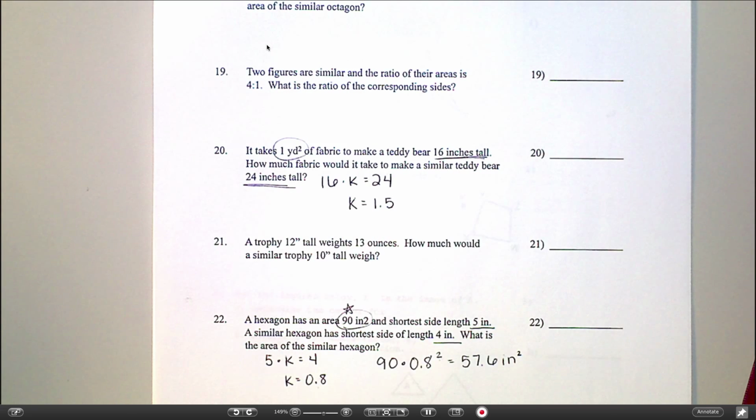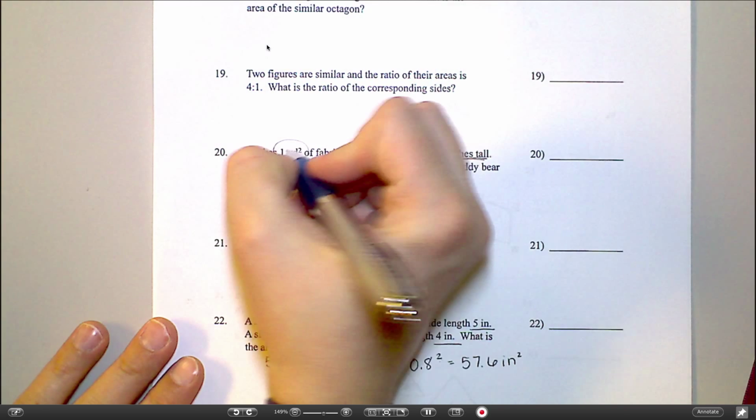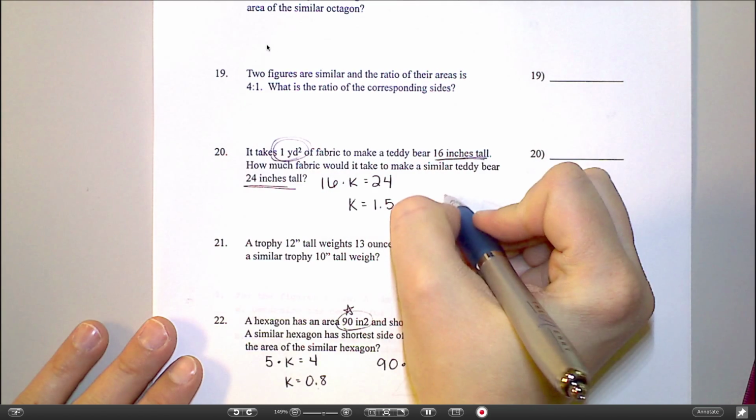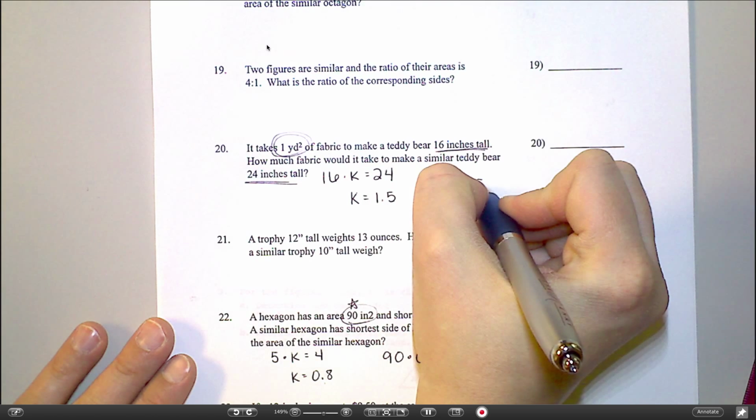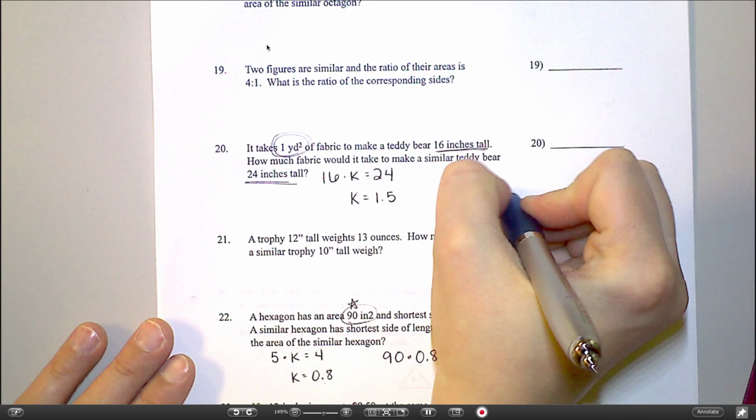And then if I'm talking surface area, what has to happen to my K value? It has to be squared, because it's just like regular area, right? So I'm going to take the old surface area, which was 1, and multiply by my K value squared.